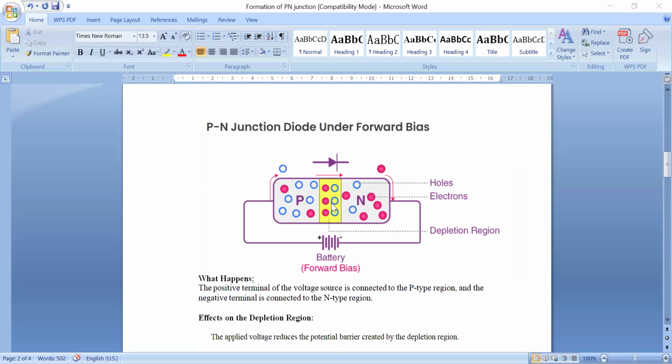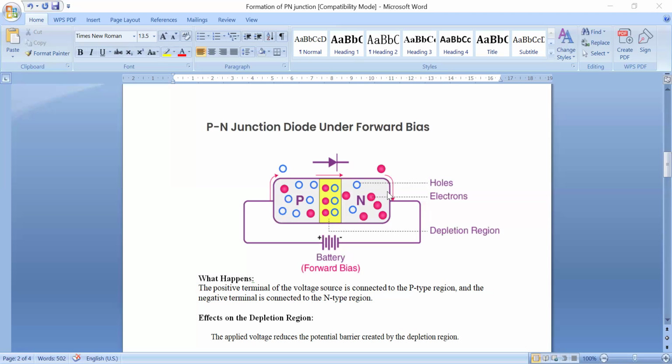As the external voltage aids the movement of charge carriers, the electrons in the N-type region gain energy and move towards the P-type region. Similarly, the holes in the P region gain energy and move towards the N region. So the current flows as the charge carriers cross the junction.